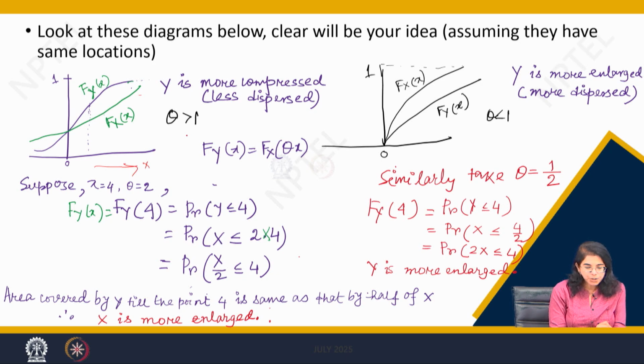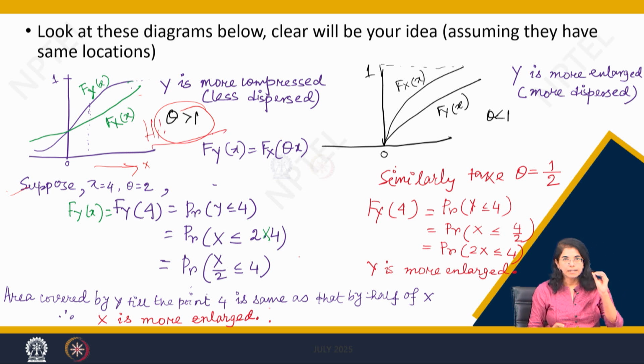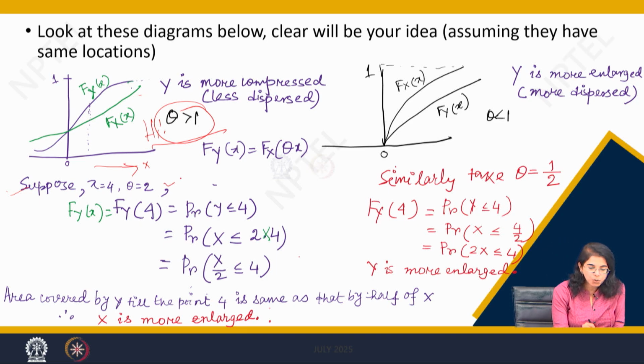Let's take θ greater than 1. This is my alternative hypothesis, θ greater than 1. Let's take a specific value of θ: θ equal to 2, x equal to 4. This is a point-wise clarification we are trying to build.